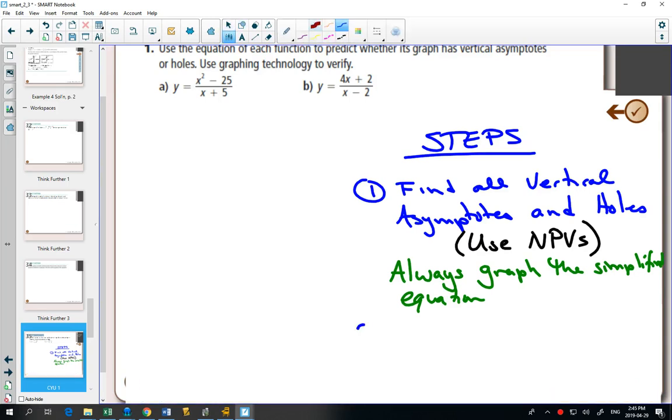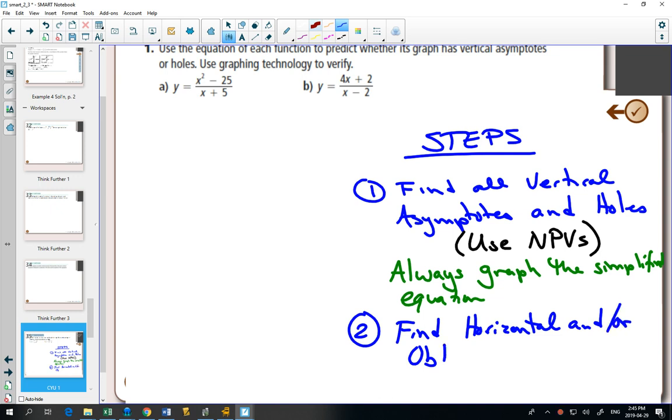Step 2, find our horizontal or oblique asymptotes.